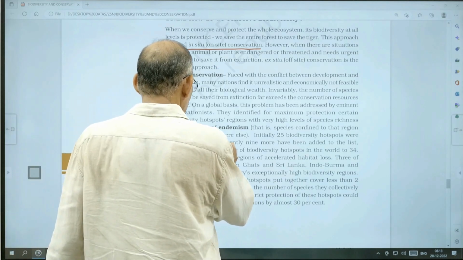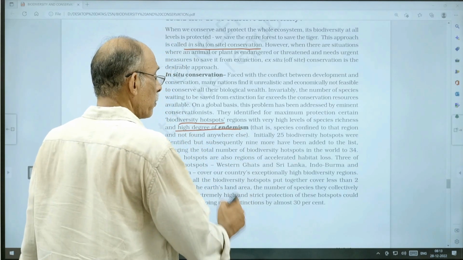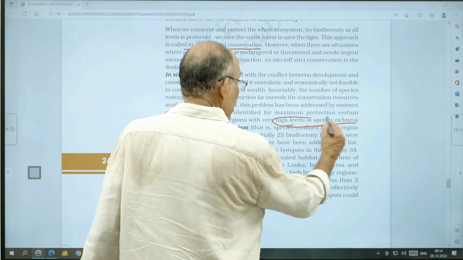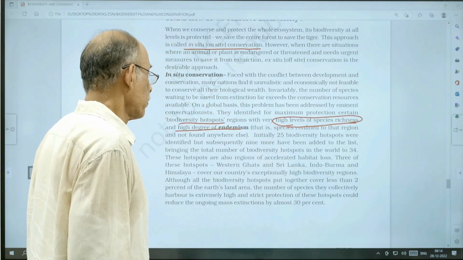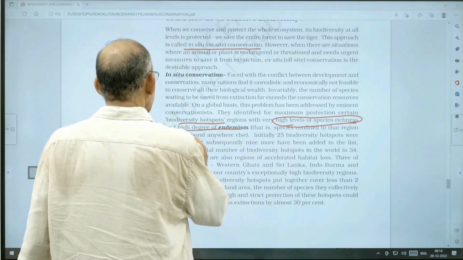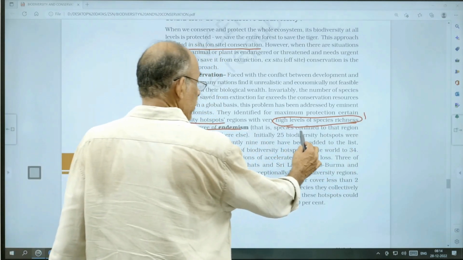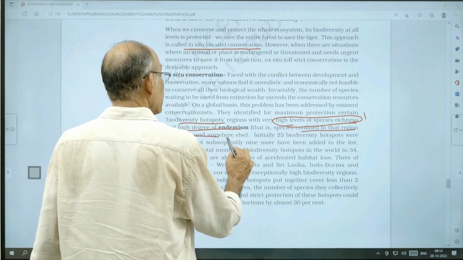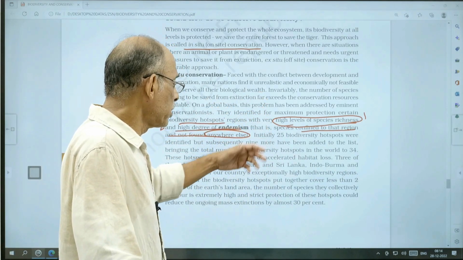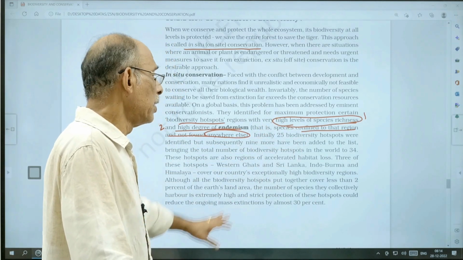And the most important point in in situ conservation is biodiversity hotspots. What is meant by biodiversity hotspots? They are regions with high levels of species richness. That is the first point. The second point is a high degree of endemism. Endemism means such species are confined to a particular region and not found anywhere else in the world. Even if we move the plant or animal into another ecosystem, it will not survive there.